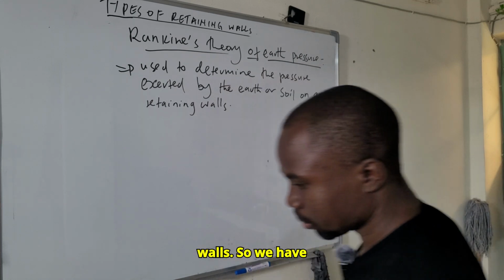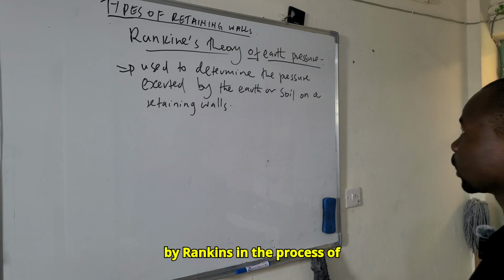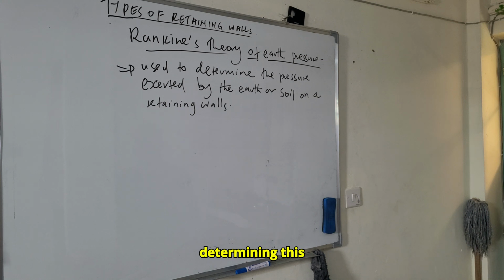So we have assumptions made by Rankine in the process of determining this pressure exerted by the earth on a retaining wall.